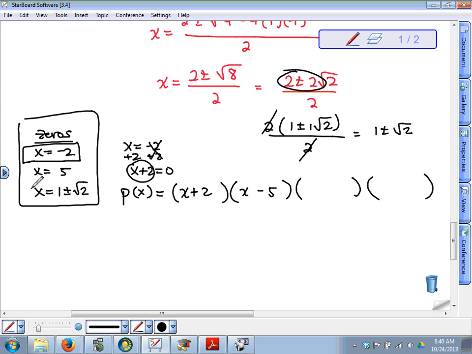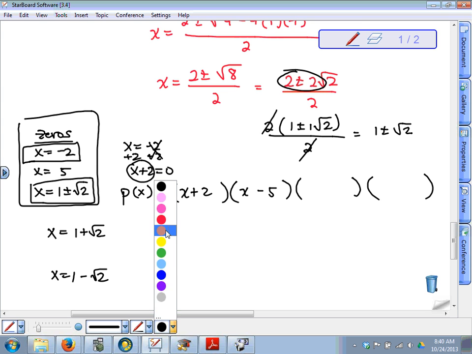So if you apply that same concept to this, x equals 1 plus the square root of 2, and x equals 1 minus the square root of 2. If we could get these equal to 0, that would tell us what goes inside the factor. So let's watch carefully. If I subtract 1 on both sides and subtract the square root of 2 on both sides, then doesn't that side now equal 0? What does the other side equal?